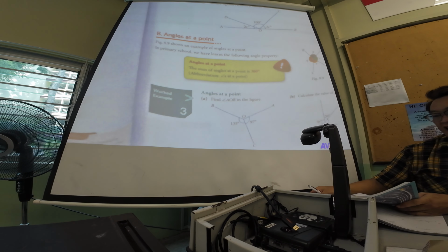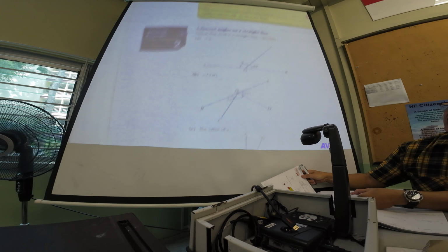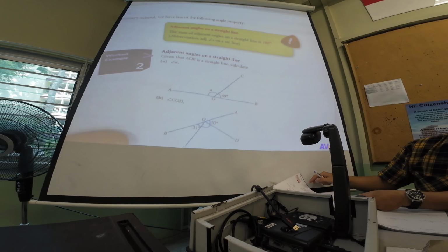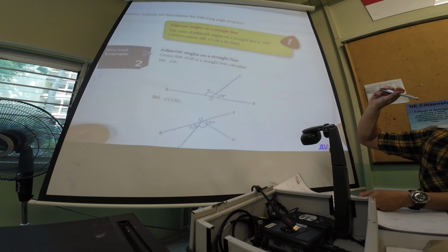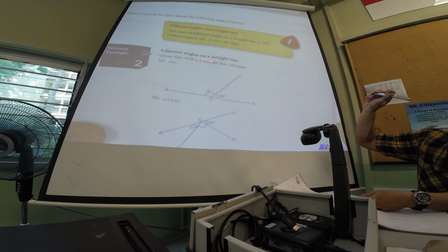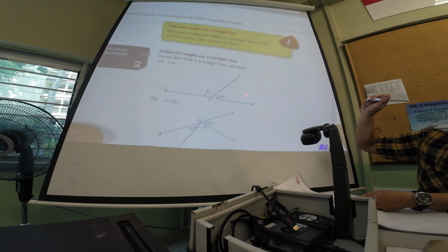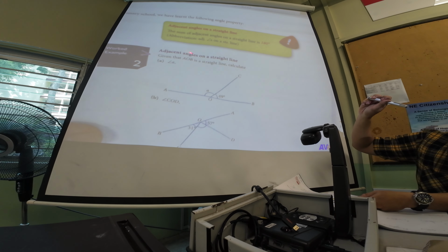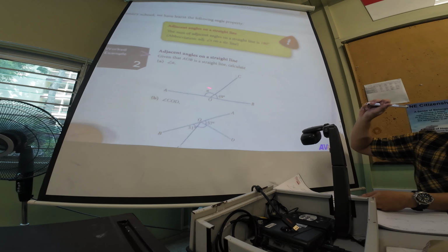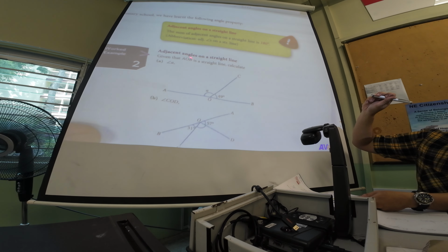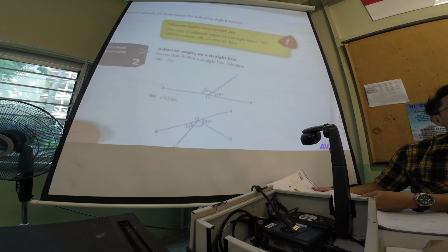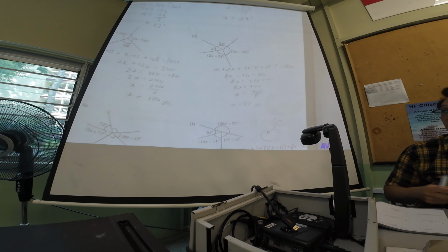For yesterday's one, why do the angles add up to 180? The reason is adjacent angles on a straight line. Because a straight line is 180, adjacent means side by side angles, they will add up to 180. So the reason is called adjacent angles on a straight line.